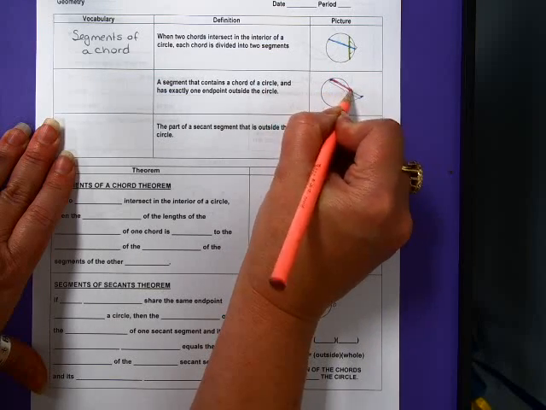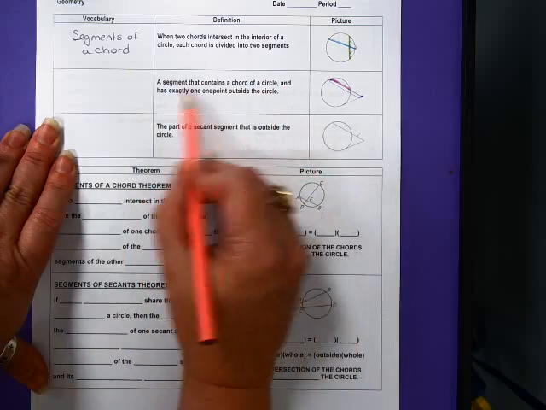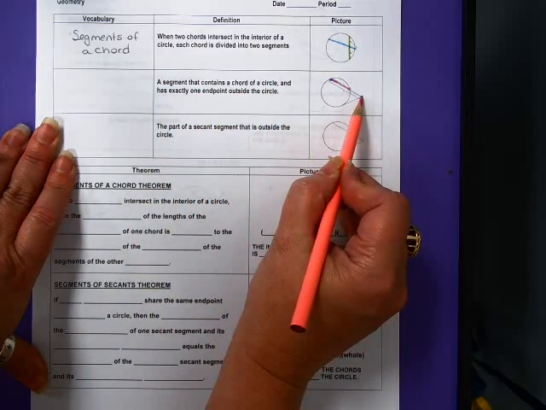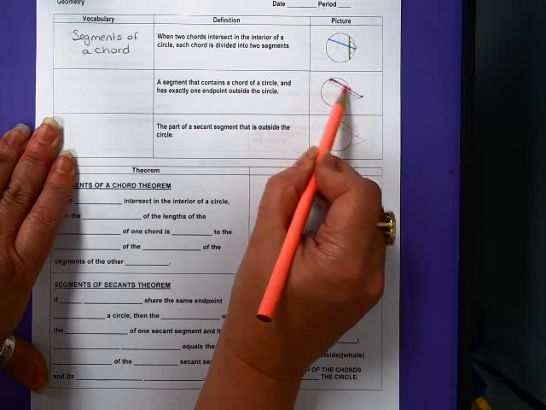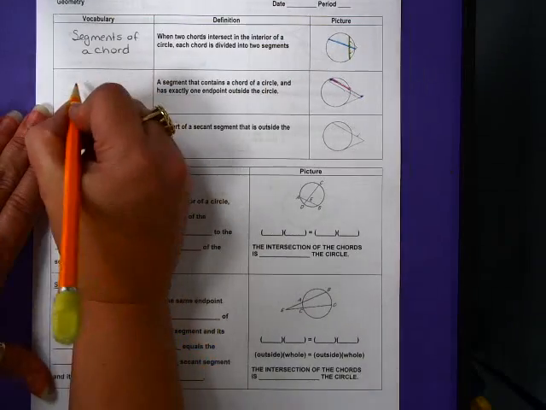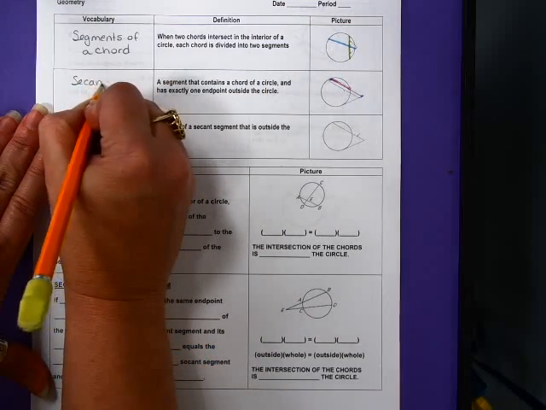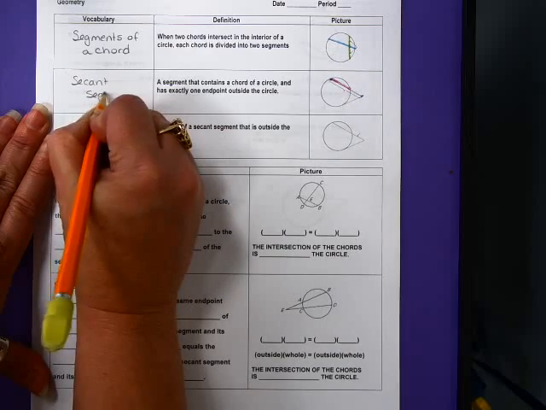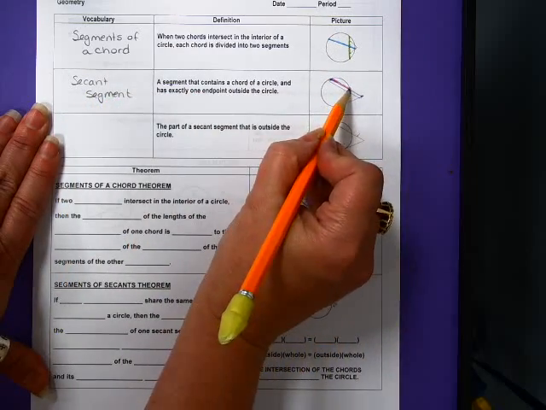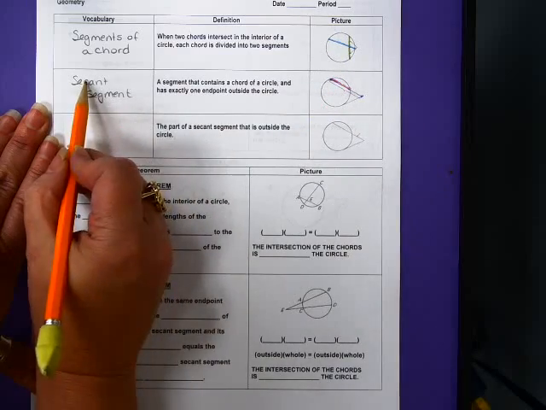There's a chord of a circle, and it has exactly one endpoint outside of the circle. So there's the endpoint outside of the circle, but everything else is on the circle. So we call this a secant segment, because it is a segment, but it's touching the circle at two places. So it's a secant segment.